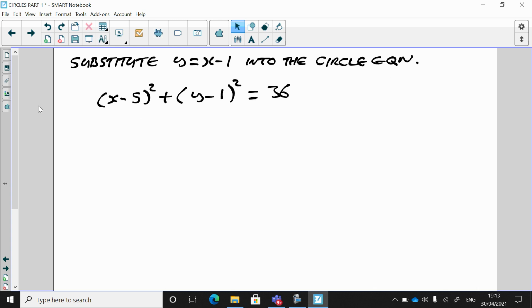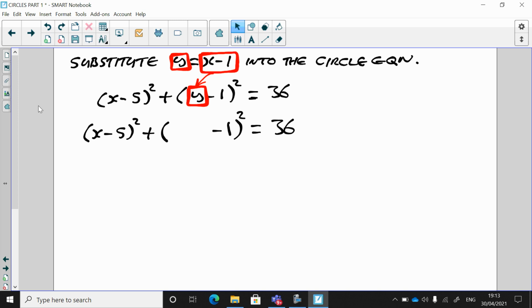I'm going to take the equation of the line and insert it into the circle equation, because I've got y equals x minus 1. I'm putting that in there because x minus 1 is equal to y. So I've removed y, and in the next line I'm putting in x minus 1, so you can follow what's happening. So x minus 1 is going to go in that bracket, but I'm still going to have a minus 1 after that.